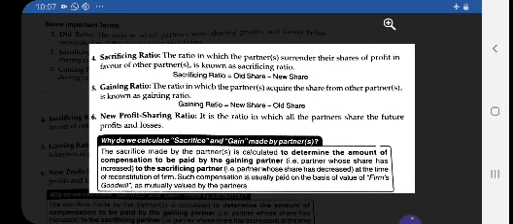The partner whose share has increased, the gaining partner, pays the sacrificing partner because his share is decreased at the time of reconstitution of the firm. Such compensation is usually paid on the basis of the value of the firm's goodwill as mutually valued by the partners. This is the way the adjustments are done when a change in the profit sharing ratio takes place.